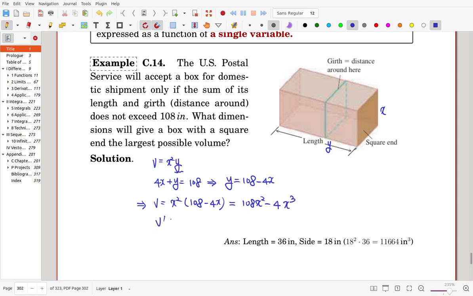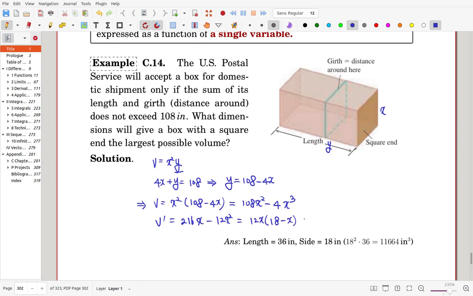Now V prime is 108 times 2, which is 216x, minus 12x squared. That is the same as 12x times 18 minus x.